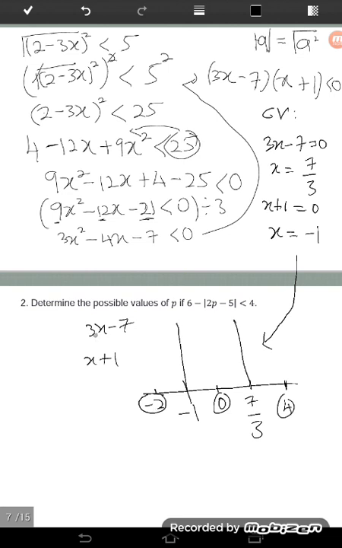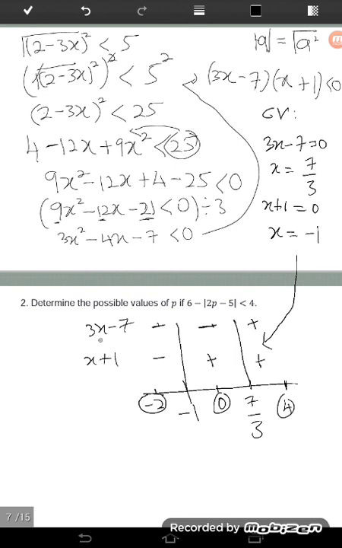Negative 2 times 3, negative 6 minus 7, negative. Negative 2 plus 1, negative 1, negative. 0 times 3, 0, minus 7 negative. Then 0 plus 1 positive. 4 times 3, 12, 12 minus 7 positive. Then 4 plus 1, 5 positive.